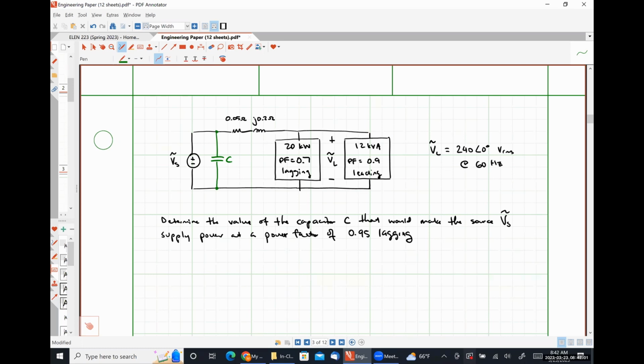The power factor that our voltage source is going to operate at after power factor correction, which was given to us, so we can figure out theta nu from that. We need to know omega, which was effectively given to us because we have our linear frequency there, and we're going to need to know the old average power that our voltage source is supplying, right? So there's lots of pieces of information that we're going to need here. Anybody have any thoughts on anything?